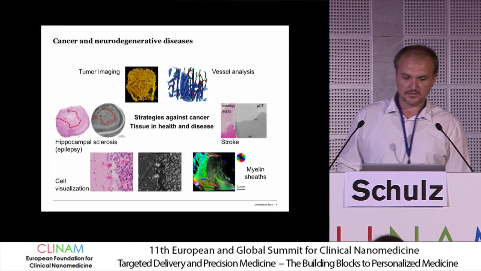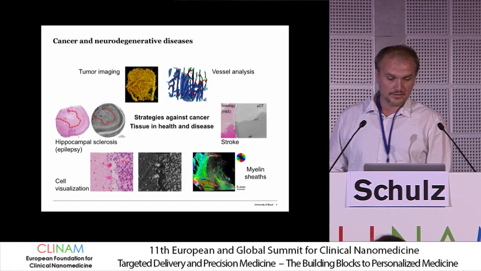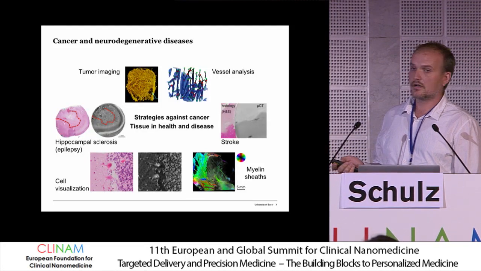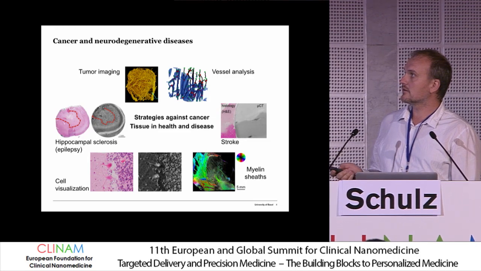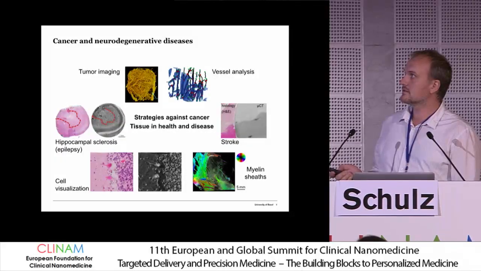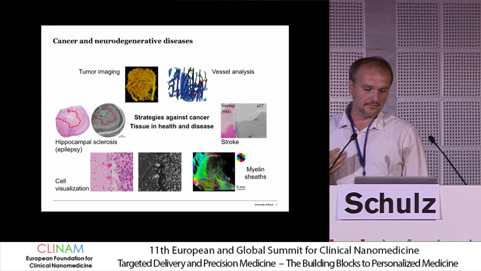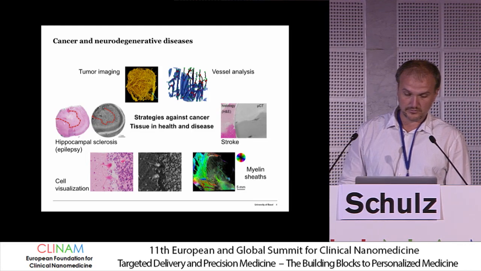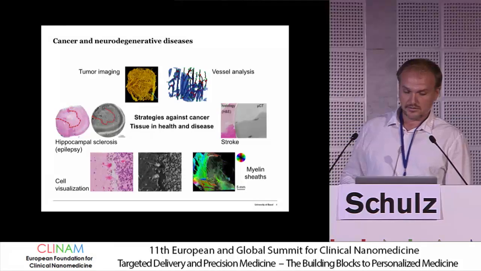Another topic is cancer and neurodegenerative diseases, where we, for example, do tumor imaging, again high resolution, so microscopic tumor imaging, where we extract the blood vessels and then do vessel analysis and compare the vessels within the tumor to the vessel tree in the healthy tissue.